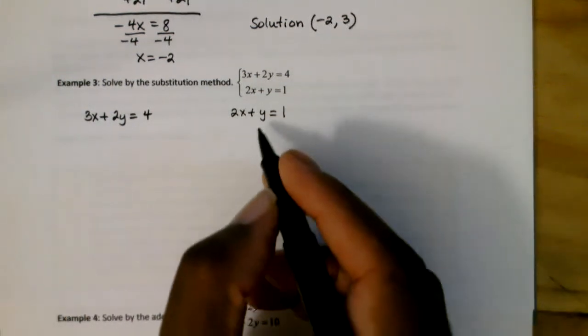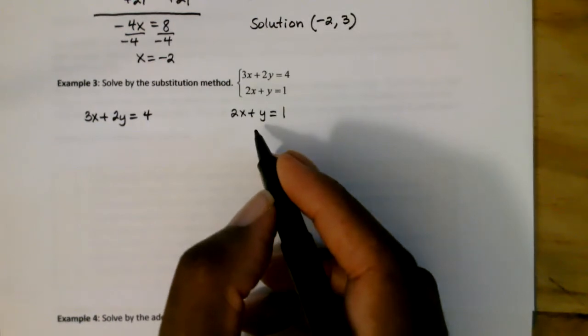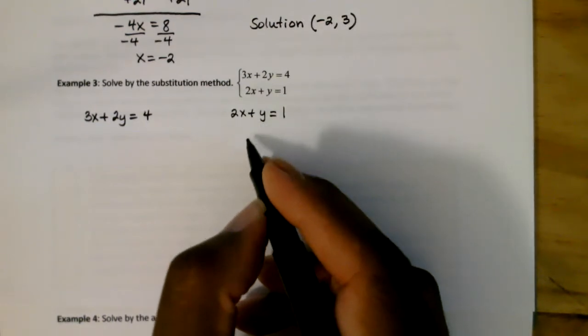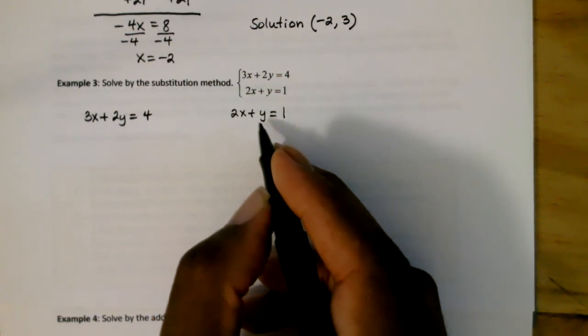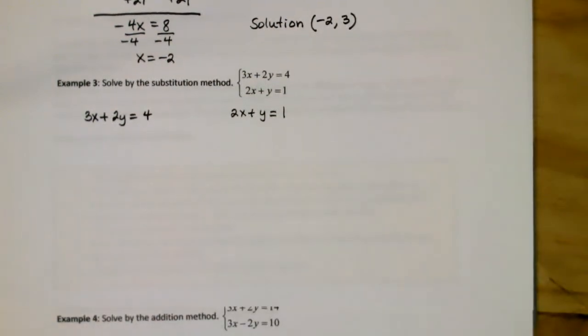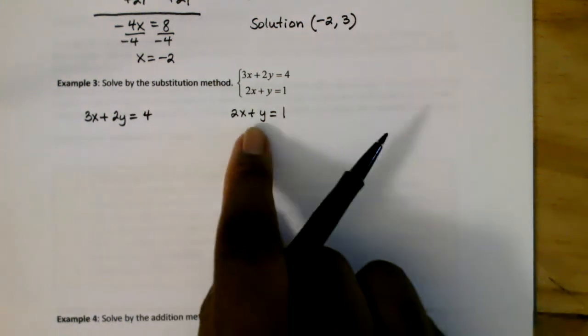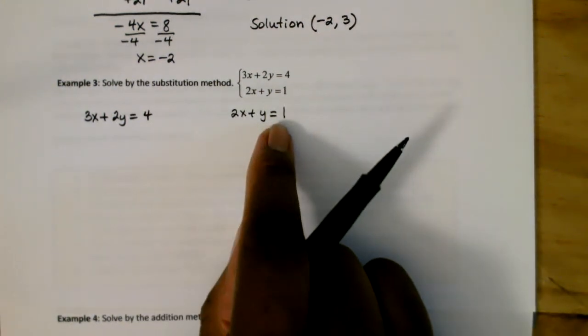And I'm dealing with the variable that has the coefficient of a 1. Okay, it's best to get the variable that has a coefficient of 1 by itself. That way you won't have to deal with a lot of fractions here. Like in this one, 2x plus y equal 1.